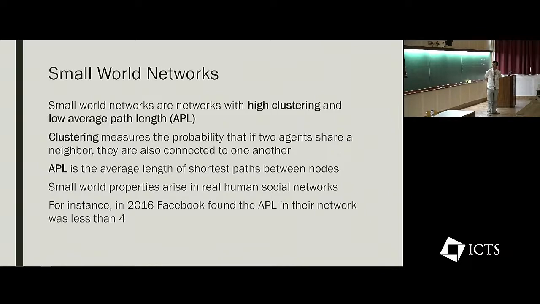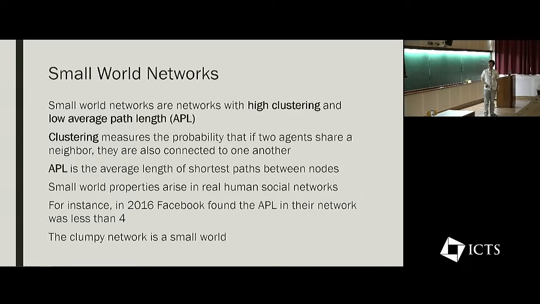The average path length in their network is 3.6, I believe, less than 4. Any two humans on Facebook were, on average, connected by fewer than 4 connections. Now, as Facebook has grown, apparently this has grown as well. It's now over 4, but it's still less than 6.